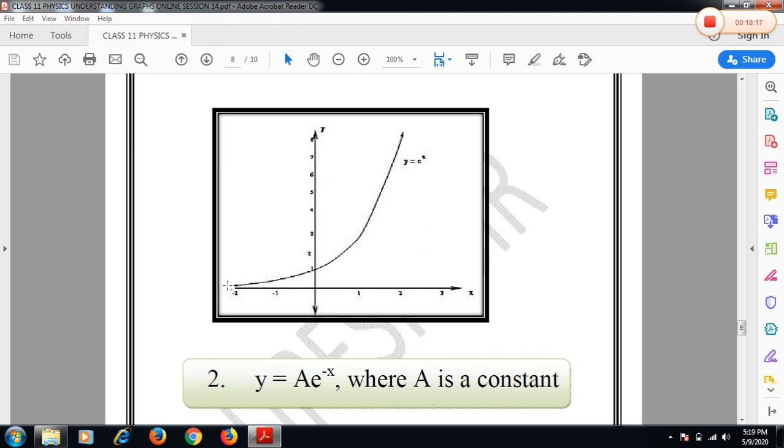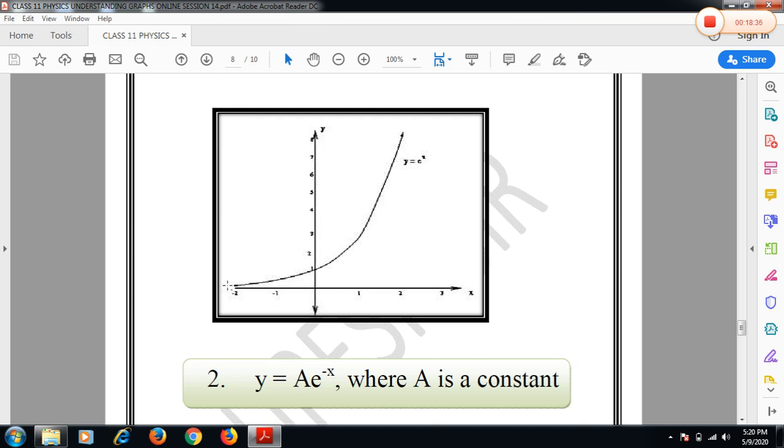For no other finite value of x will the graph intersect the x-axis. So this type of graph is known as an asymptotic nature graph. Please note down that asymptotic nature.